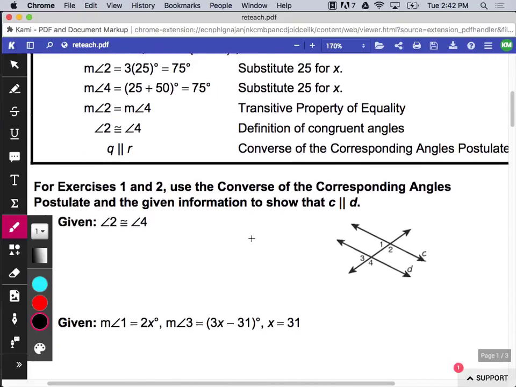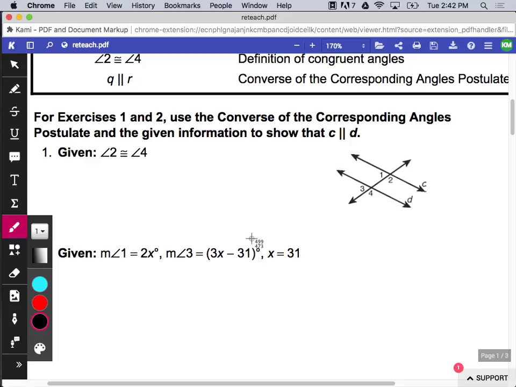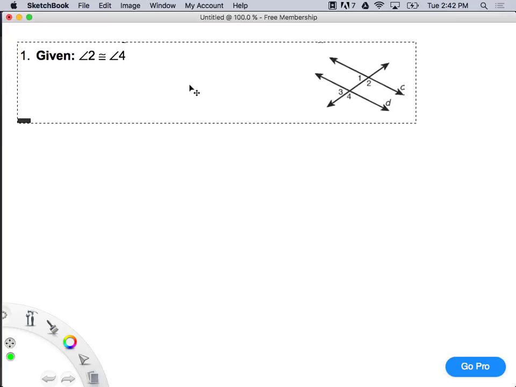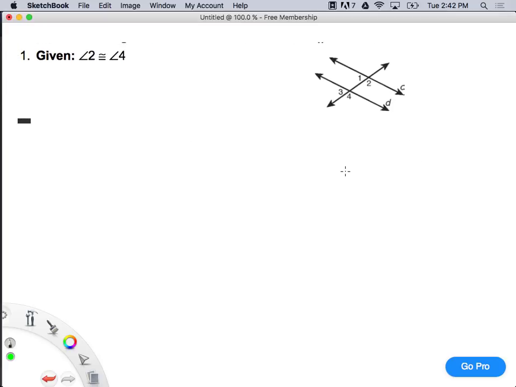That's the key when there's a lot of language. Look, number 1. It says given angle 2 is congruent to angle 4. How would I describe that pair of angles?